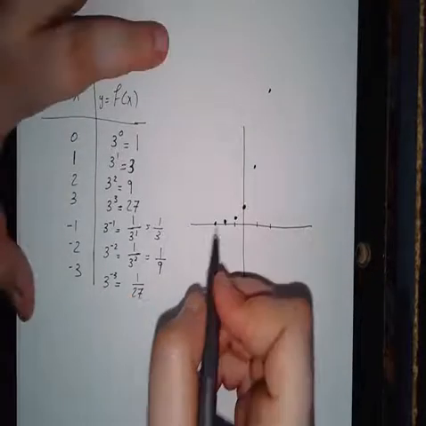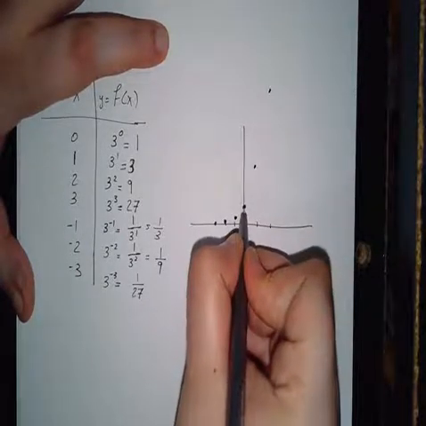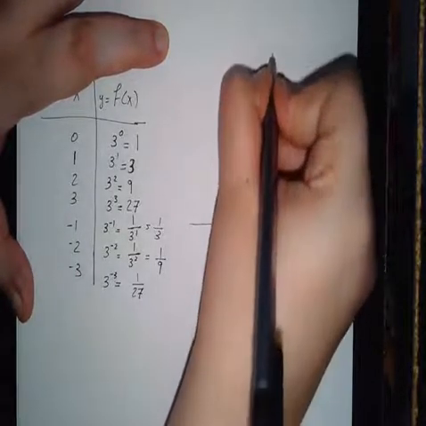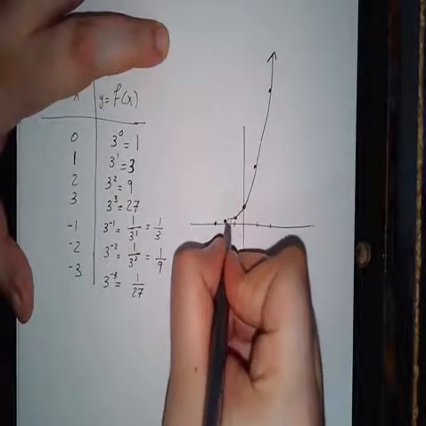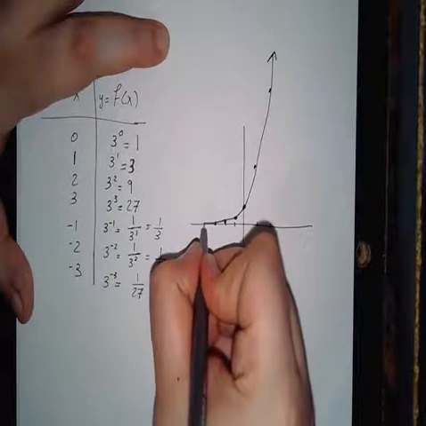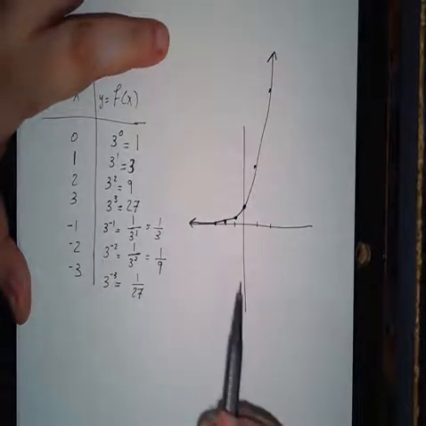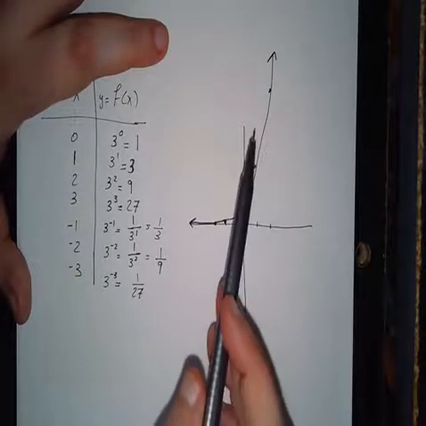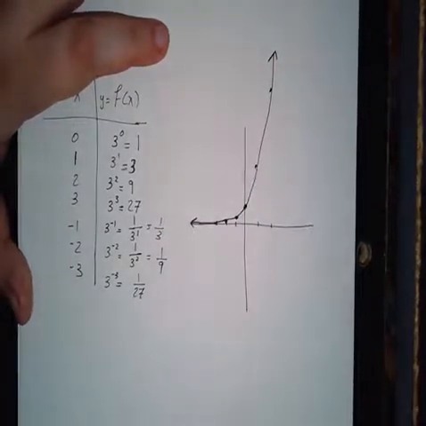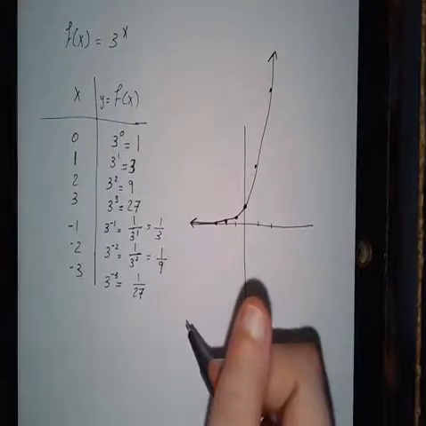So the function from the positive values is going to grow ridiculously quickly. And when it goes to the negative values, it's going to get smaller ridiculously quickly. But it approaches a specific value and sticks to it. And that's what a graph of an exponential function looks like.